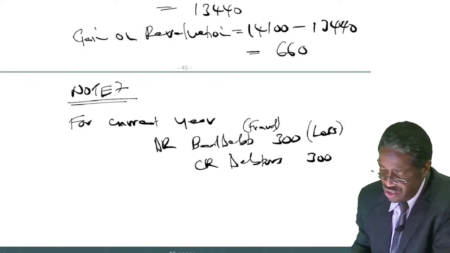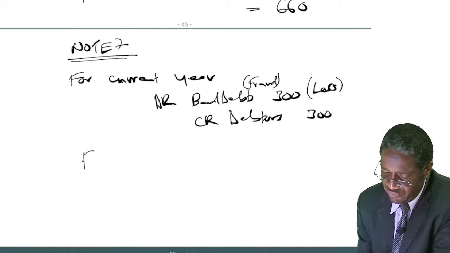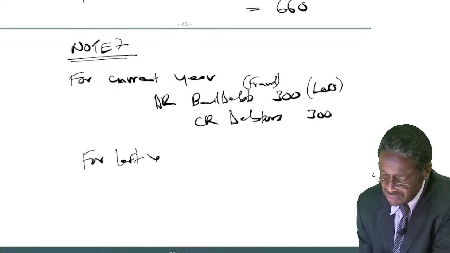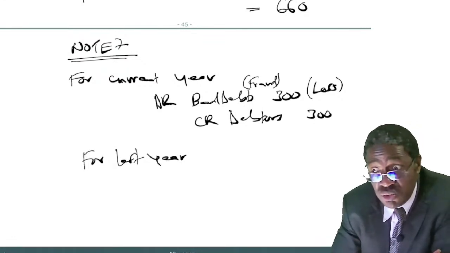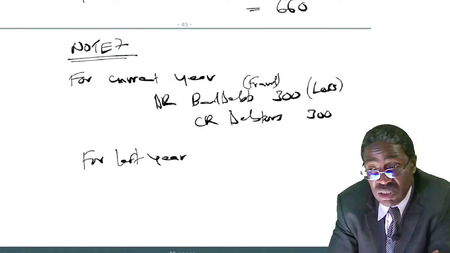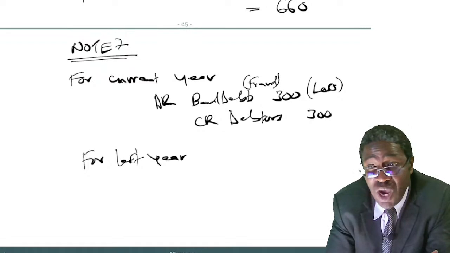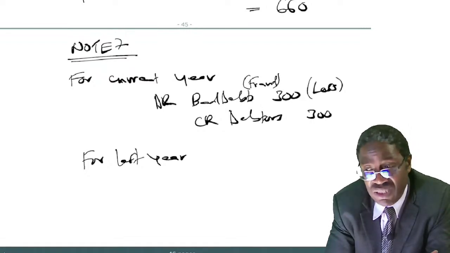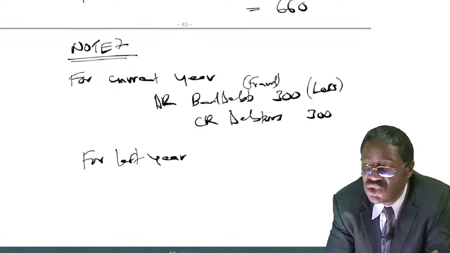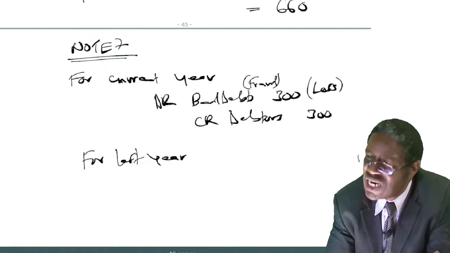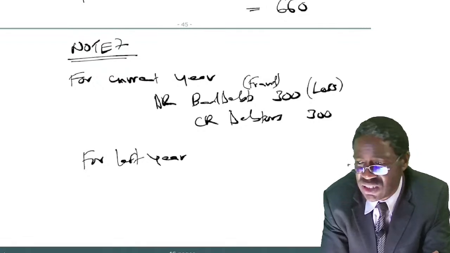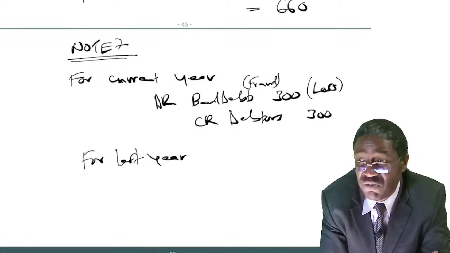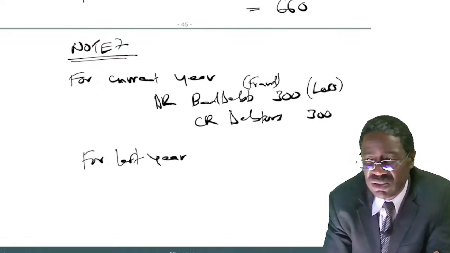Good. Then you come and say this, for last year, I have told you, listen, expenses were undercosted last year. And I told you, when expenses are undercosted, profit is overcosted.